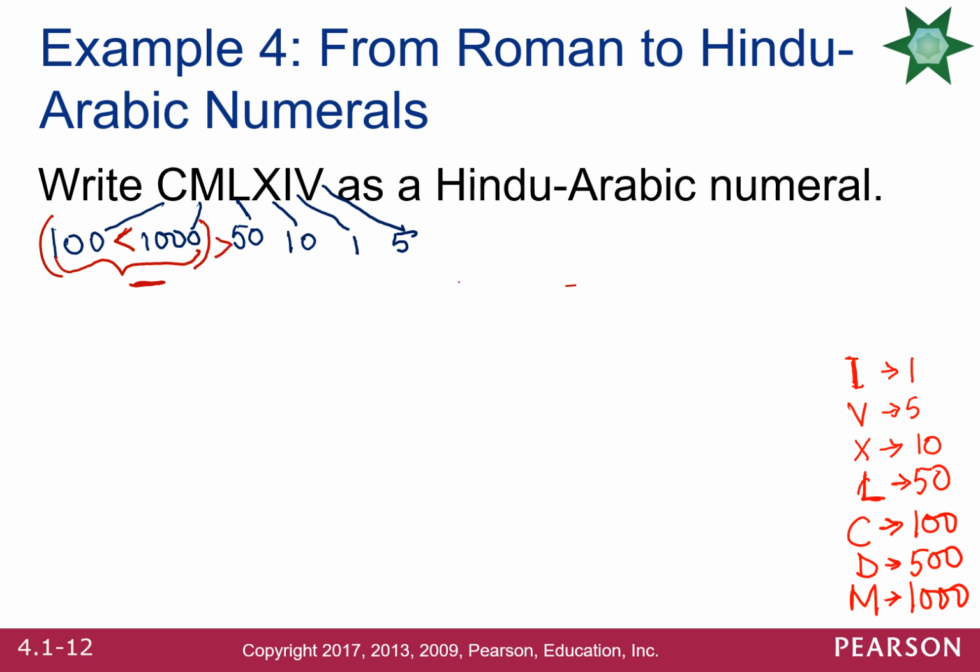So that would mean addition, all right? Then 50 is greater than 10, so that would mean addition. Then 10 is greater than 1, right? So that would mean addition. But 1 is less than 5. So here we would again have to apply the subtraction principle, but this subtraction has to be done first, all right, before we do the addition.